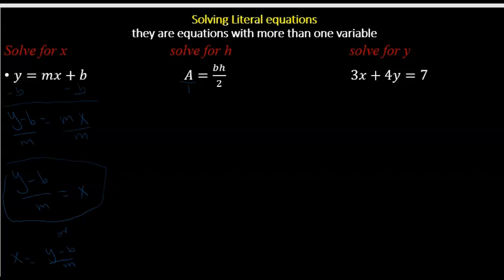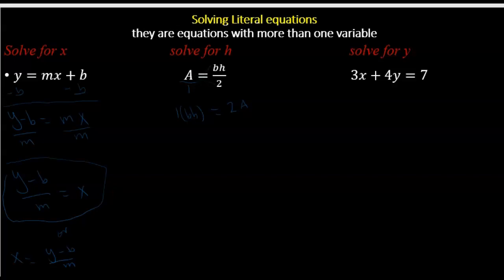Remember, cross multiplication is when you take the line from the numerator of the left side to the denominator of the right side, and then you make a line from the denominator of the left side to the numerator of the right side. Then you multiply across. 1 times bh equals 2a.